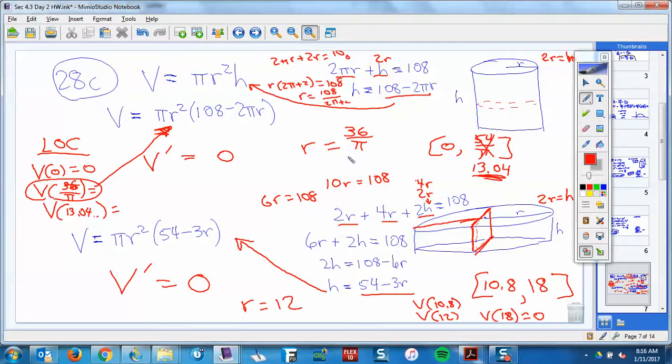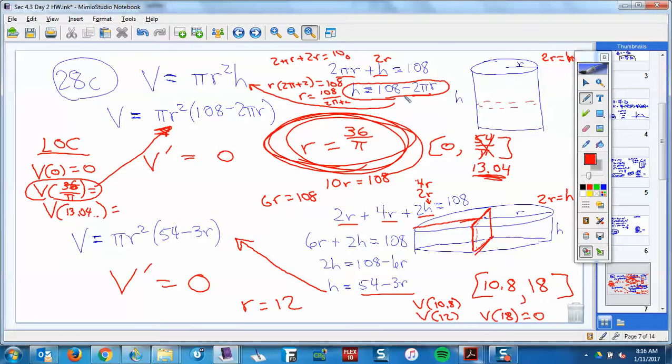So between the two of those, the max volume is the 14,851, and that would be when your radius is this right here. And then you have to answer the question: did it ask for dimensions? Find the dimensions, right? So that would be radius 36 over pi, and then you would plug that right back into here to get your height.